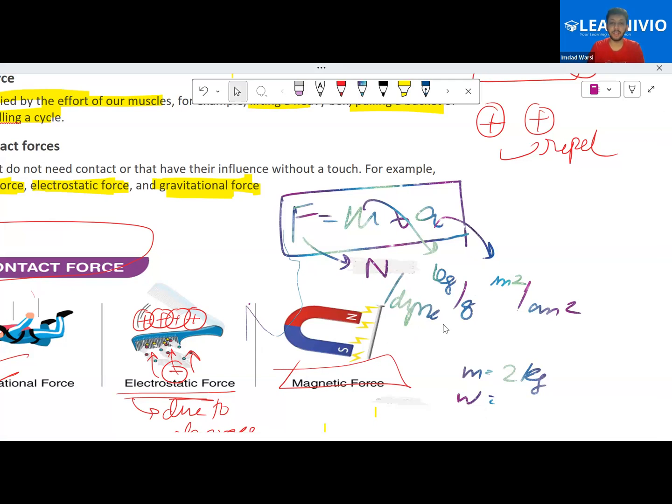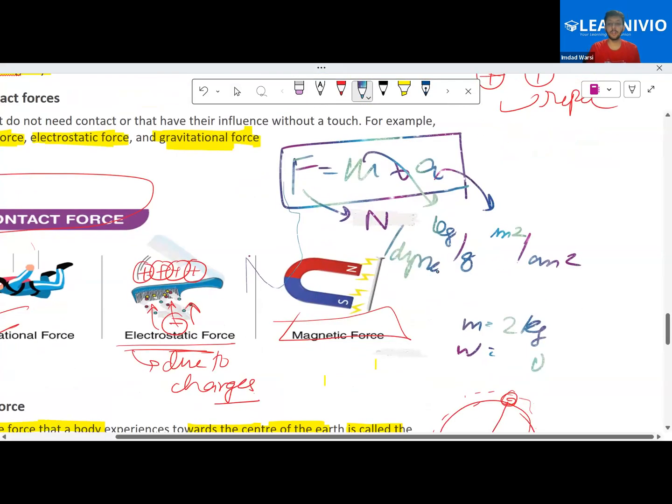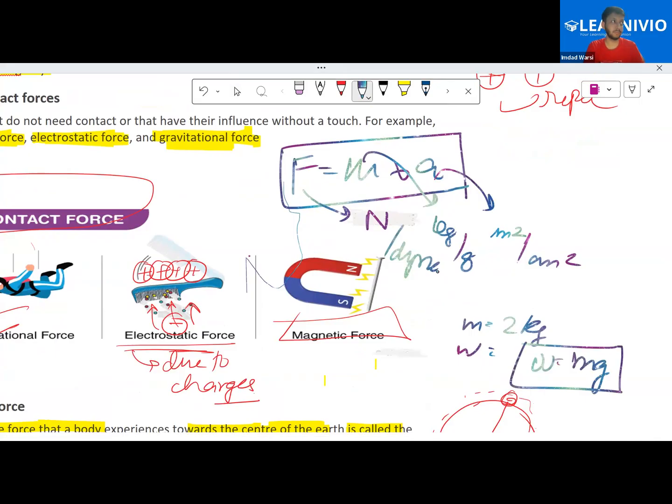Rohan, things will not work like this. You are having an exam in a couple of days. For weight, we have a formula: W is equal to mg.